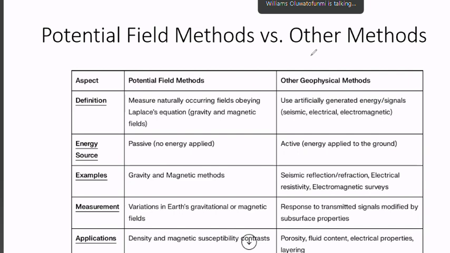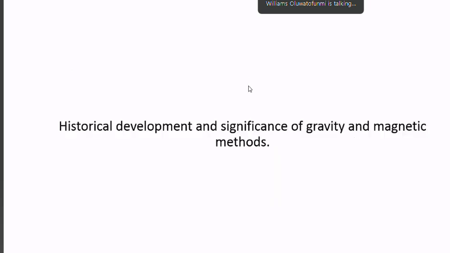Those other geophysical methods include the seismic method, electrical method, and electromagnetic method, while the potential methods include gravity and magnetic fields. Those gravity and magnetic fields obey the Laplace equation, while the other geophysical methods don't obey the Laplace equation.